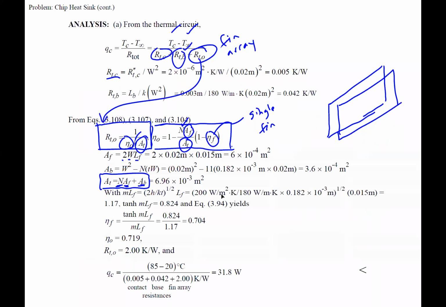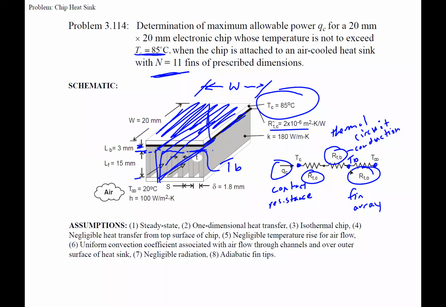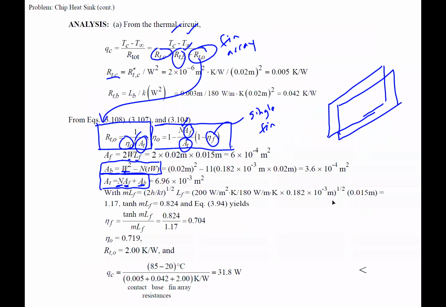The simplest way of getting that, and that's what you see here, is taking the whole base, which is the width times width, right? So width times width. That'll get us the whole base, and then subtracting off the part that the fins take up.